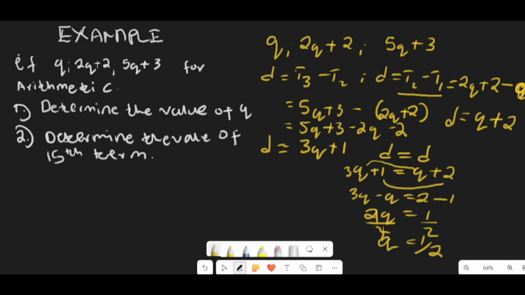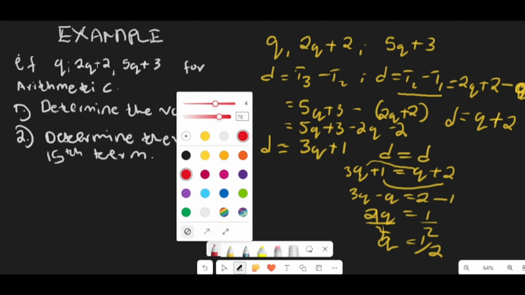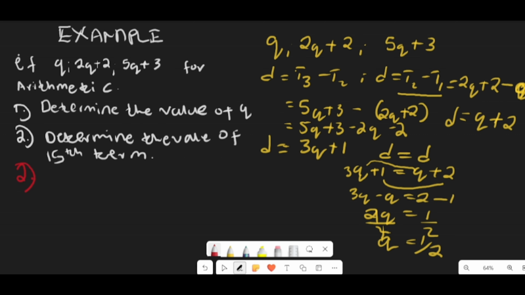Great stuff. So now let's come to this side. Now you need to work on number 2, where we need to determine the value of the 15th term. You would realize that after substituting q back here, your first term would be a half, and your second term, when you put a half into your original term here, is going to give you 3.